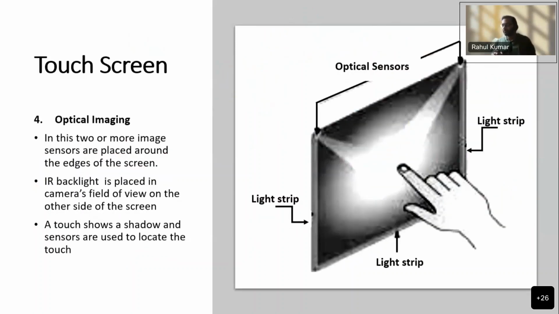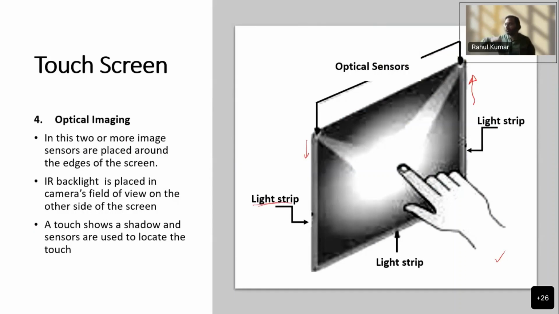The next type of touchscreen technology is optical imaging. From the diagram here you could imagine that on both sides, the left and the right side, you have your light strip.